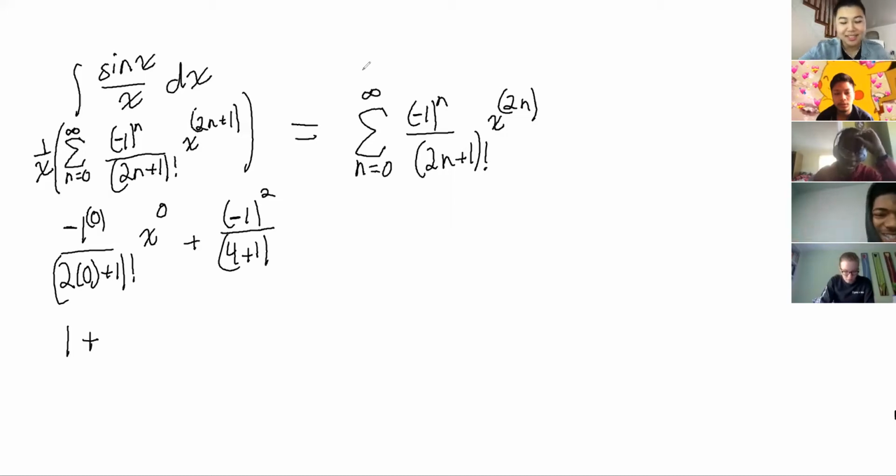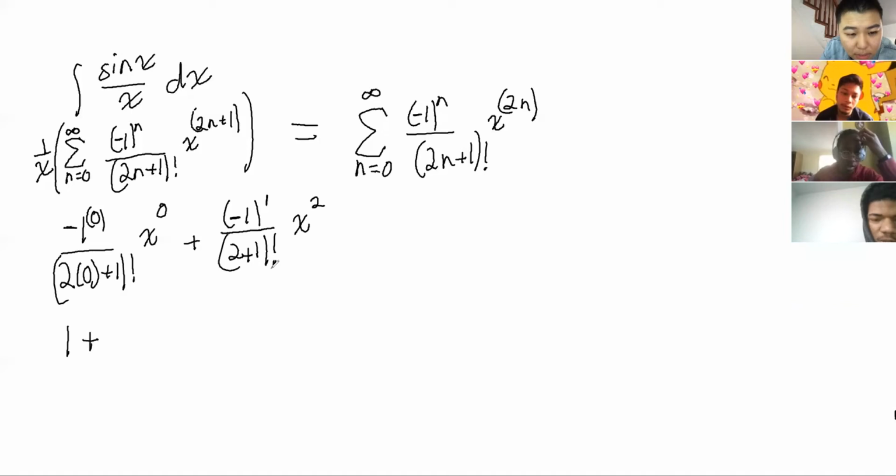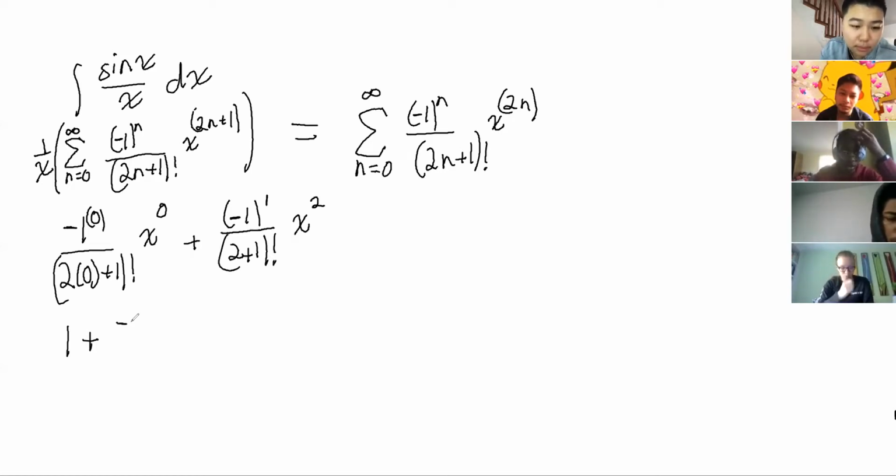So it's 2 times 1 plus 1, factorial, and then x squared, which is gonna be negative x squared over 6. Is it 6? Three factorial. Yeah, okay. So negative x squared over 6. Cool.